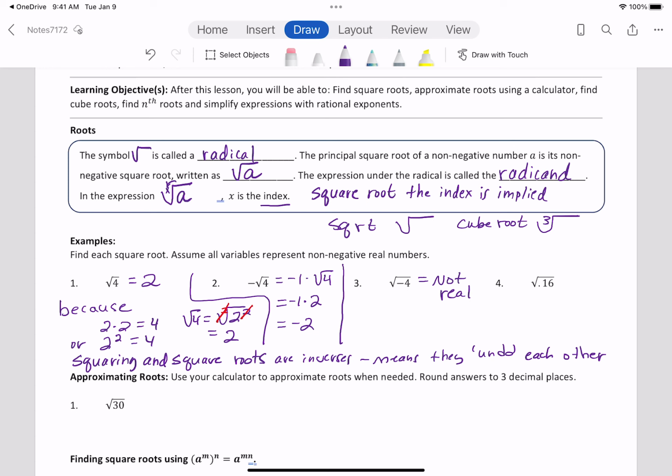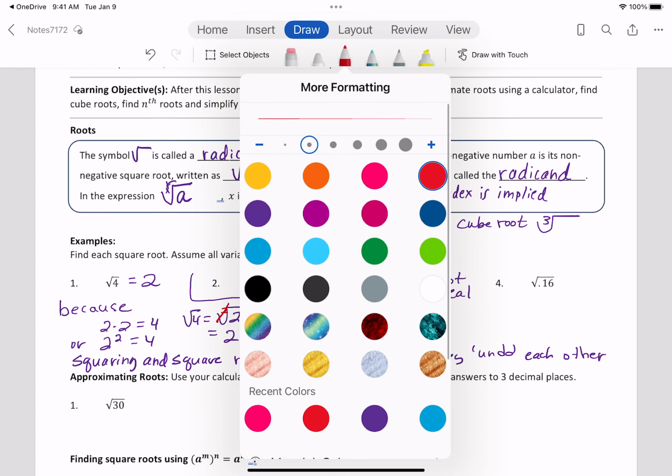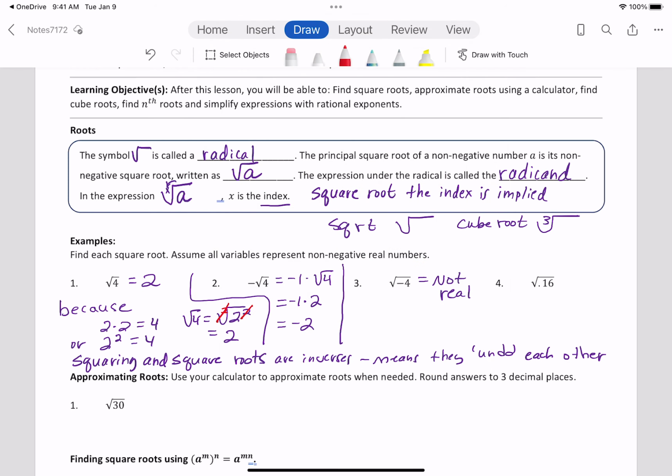Well, we know that the root of 4 is 2. So if you're not convinced, if I multiply 2 times 2, I get 4, not -4, right? And if I multiply -2 times -2, I also get 4, not -4.